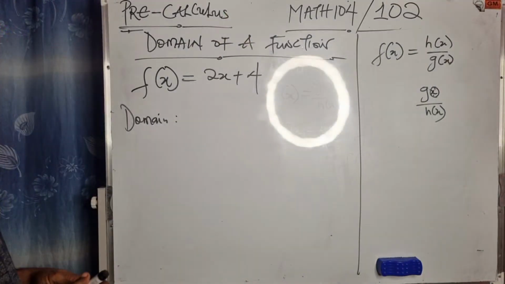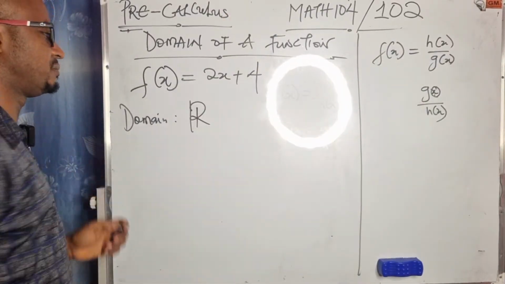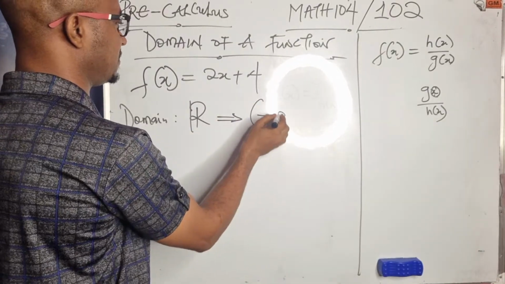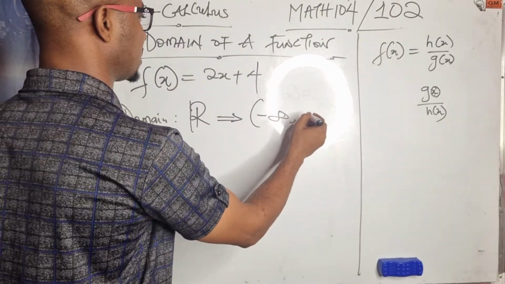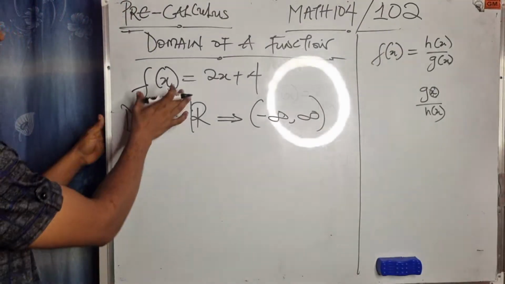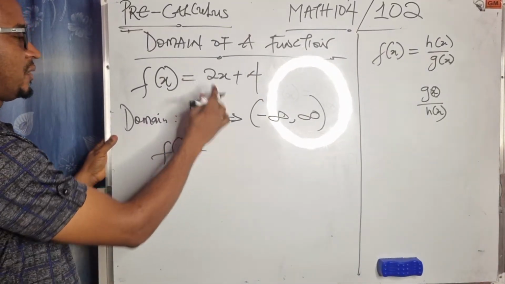So for this, if we are to find the domain, it is just all real numbers, which implies negative infinity to positive infinity. I'm going to explain. If you look at this f of x equals this, it means that I can substitute my 0, and that will give me 4, right?